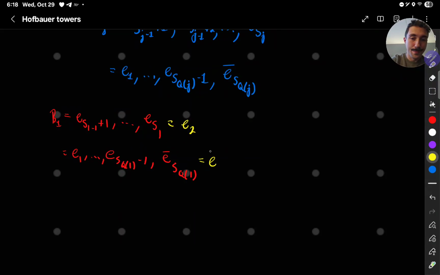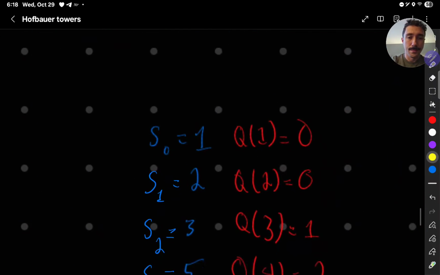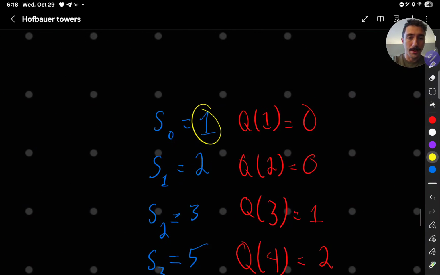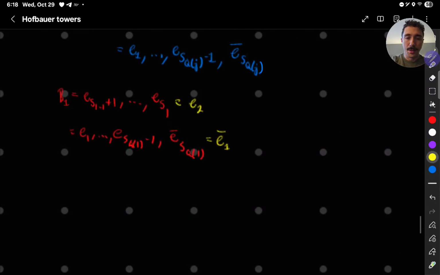So we'll just say E2. I don't even have to ask anything about what these indices are. I just know that, and this should be E1. I'm sorry. It always has to start with E1, and it goes up to ESQ1, which is S0, which is 1. So we stop there and we pivot.